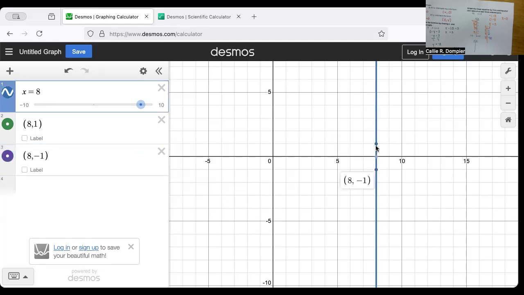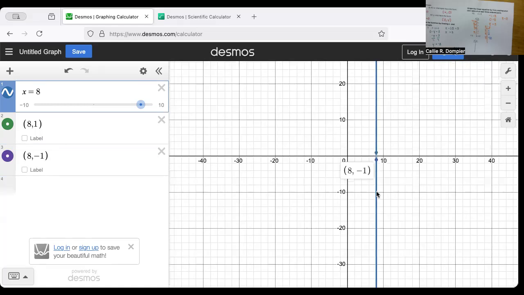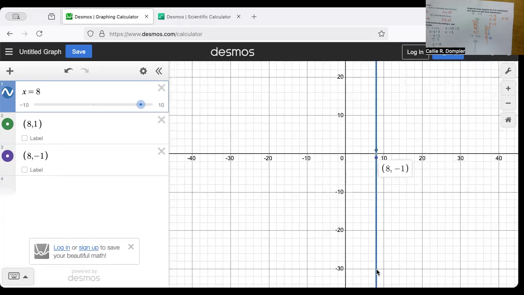So every place that this line crosses y, it's just going to be x equals 8. So it can go on forever. It could be 8, -30 down here. It could be 8, 20 up here. It could be anything, okay? X must be 8. Y can be anything for this one, okay?